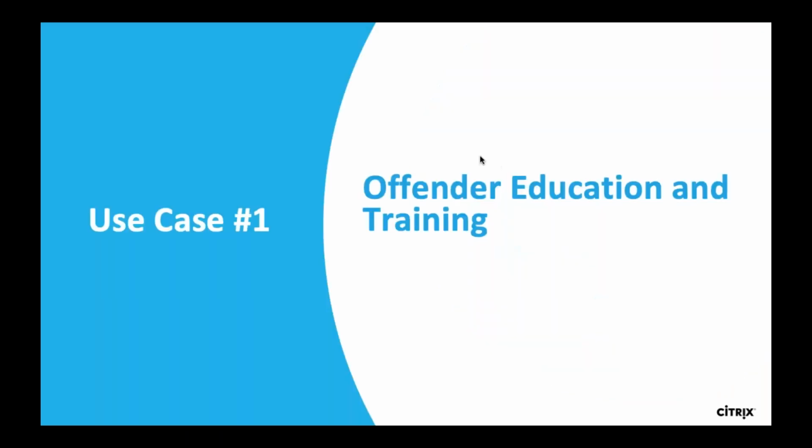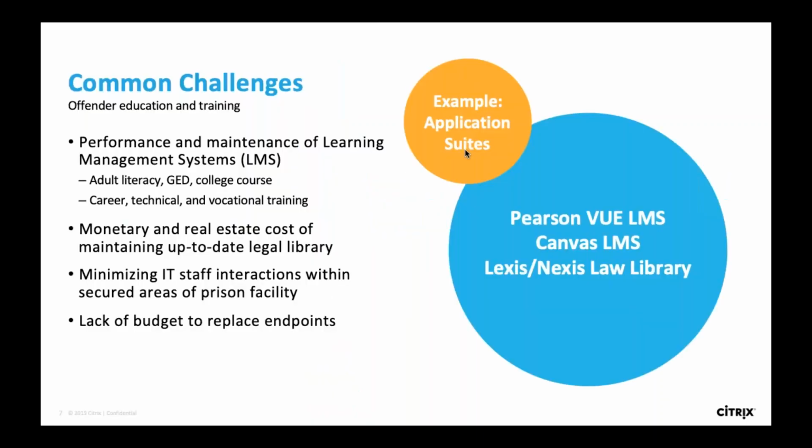Thanks, Ken. So we're going to talk about offender education and training, as this seems to be one of the biggest areas that we see when we talk to our customers across the U.S. There's a lot of thought and process that has to go into offender education and training, and we'll start talking about some of those common challenges, mainly being application suites.